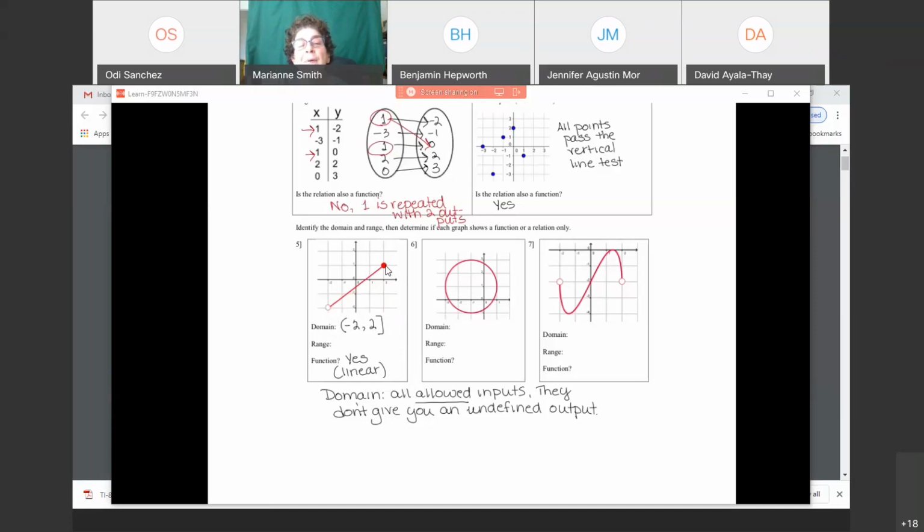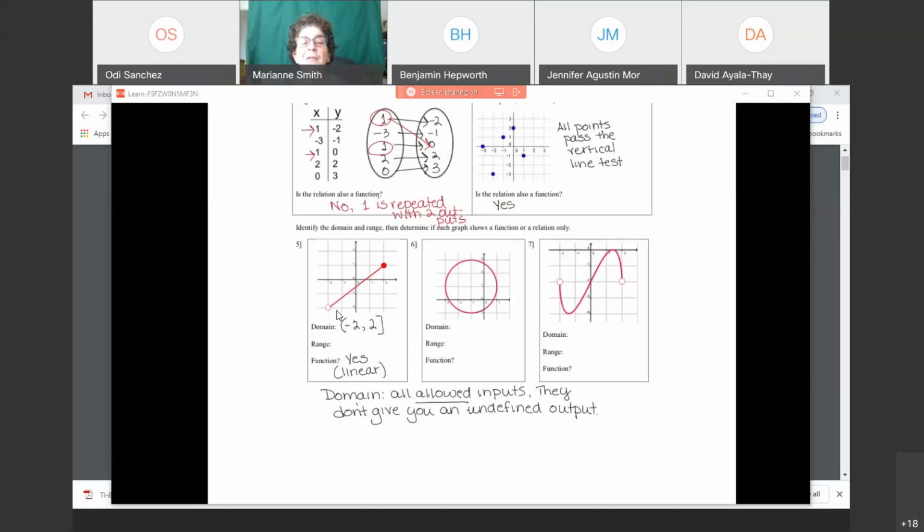And then going up, the rightmost value that's in this graph is a +2. And because the circle is solid, I'm including the +2. So that's why I have the square bracket on that end. You can think of the square bracket as a handle you can grab onto. If you can grab onto the handle, then that endpoint is part of the domain.